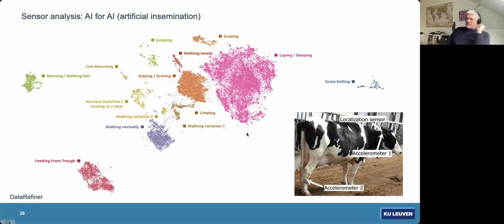Based on that information, they could build a network like this, seeing what the cow was doing, whether jumping, grazing, or walking slowly, but especially cow mounting, which is a signal that they're ready for artificial insemination.